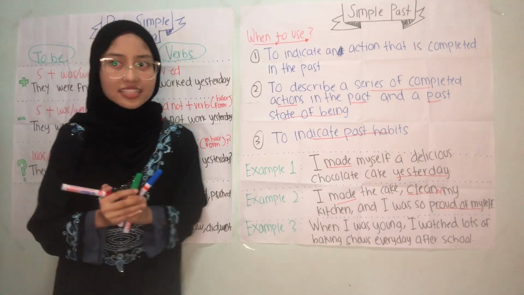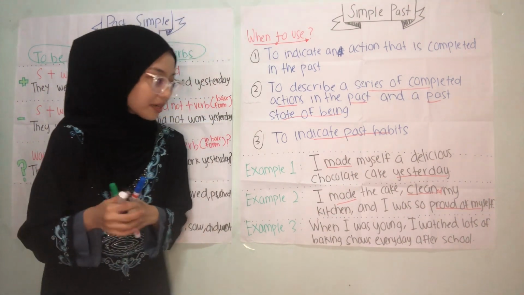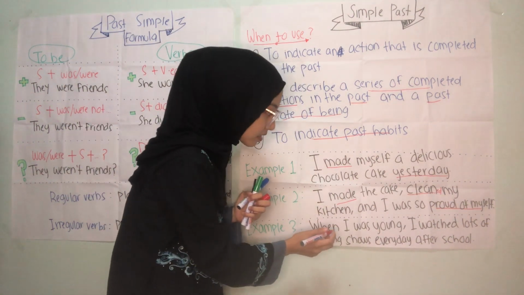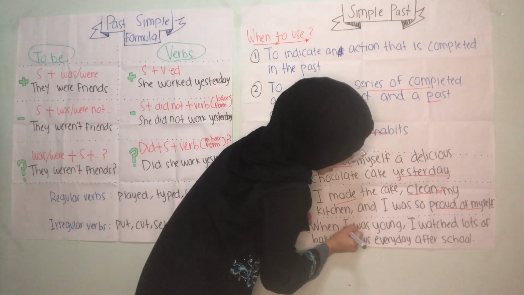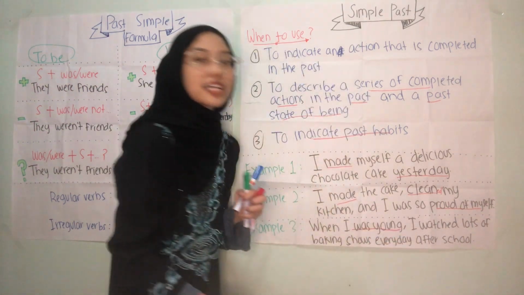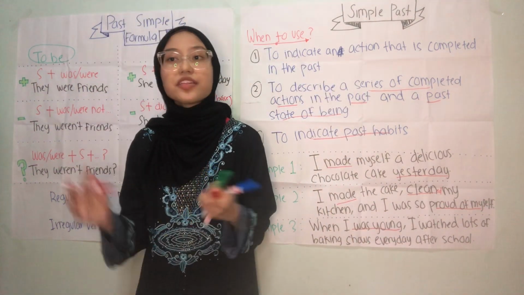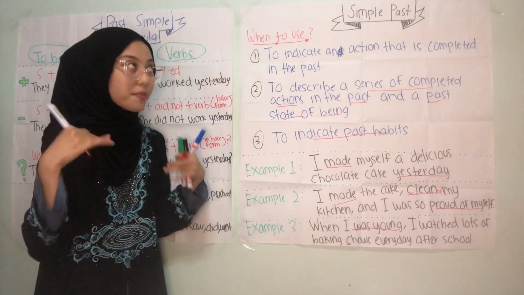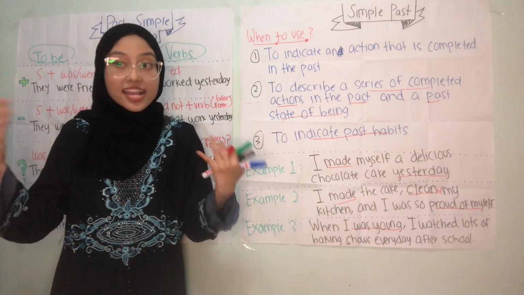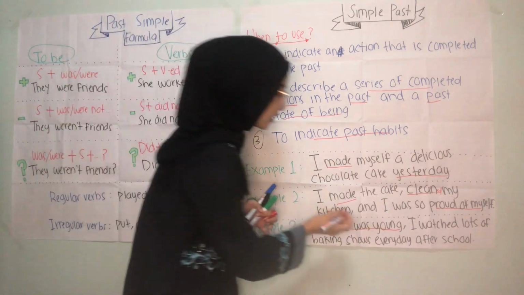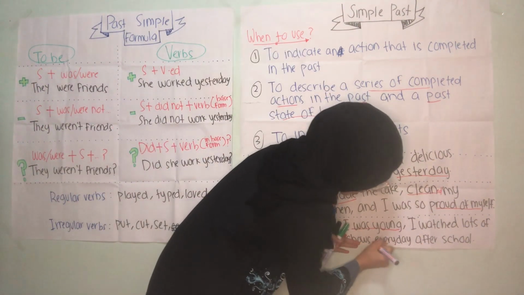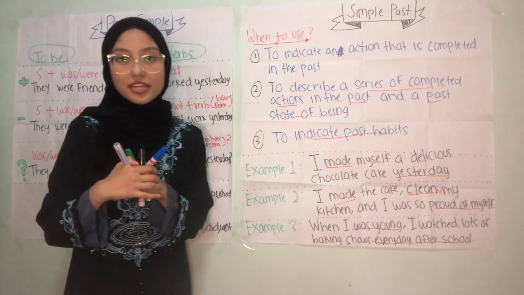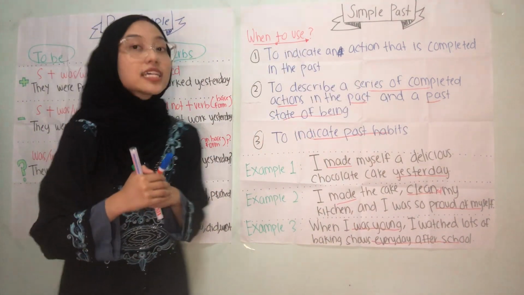Why? When did it happen? I was young. Yes, it happened in the past when I was young. Because I watched it every day after school. Correct. So it was my habit when I was young.